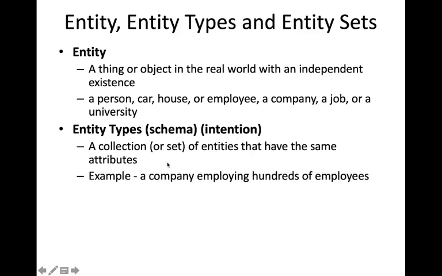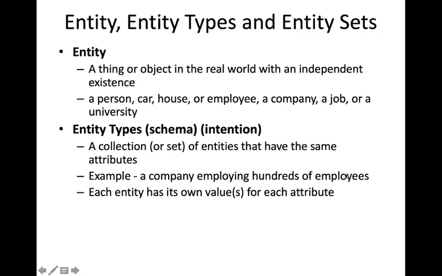For example, a company employing hundreds of employees is an example of that entity type. Employee is an entity type. All the employees will be considered as entities. Each entity has its own values for each attribute.